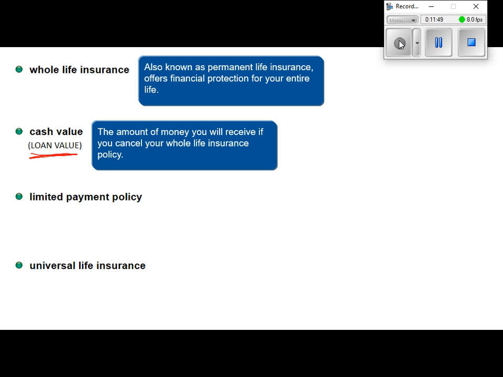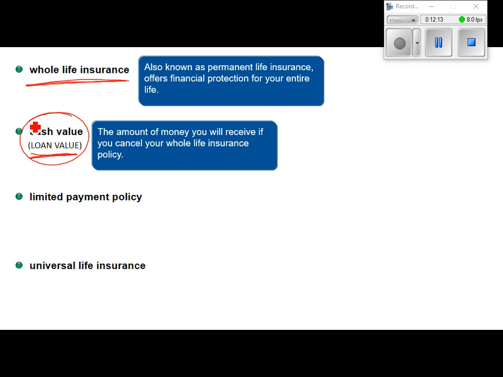With whole life insurance, and I could be wrong here, it's also like with some of these policies, it's like a savings account also. You're putting that money in there, and that's where this cash value comes from. It has a cash value once you get so far along in it.